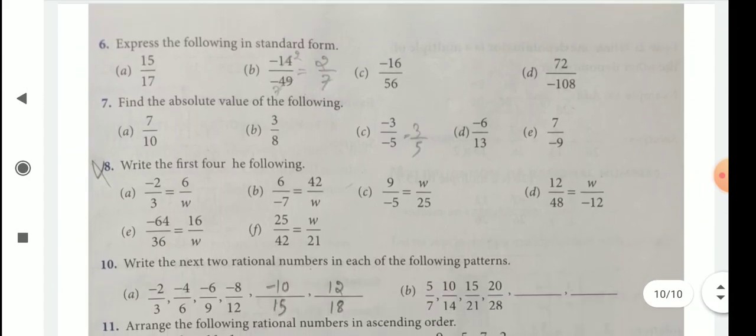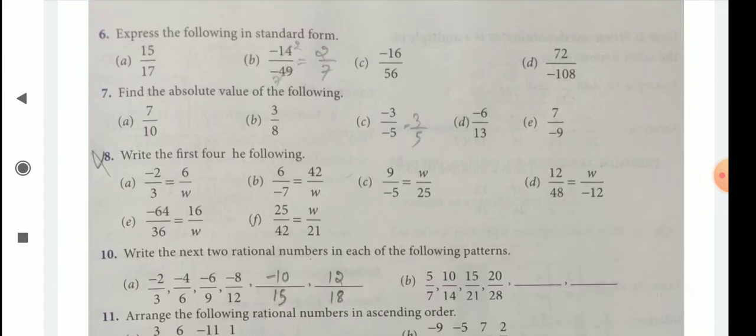Then see number 6. Express the following in standard form, means you have to reduce or write in simplest form. Number 7, find the absolute value of the following. Very easy. Just write the positive numbers.